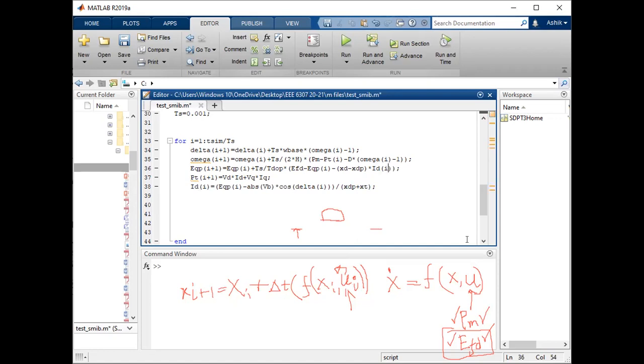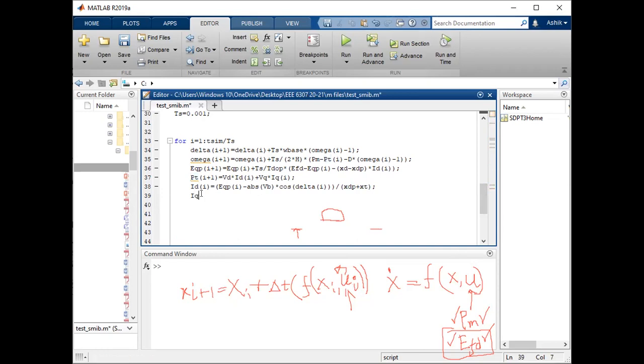It should be updated in each iteration because it is a function of state variable now, and state variables are getting updated in each iteration. Similarly, when we find IQ, that would also be iterative. So let's take IQ because we need IQ to calculate PT.